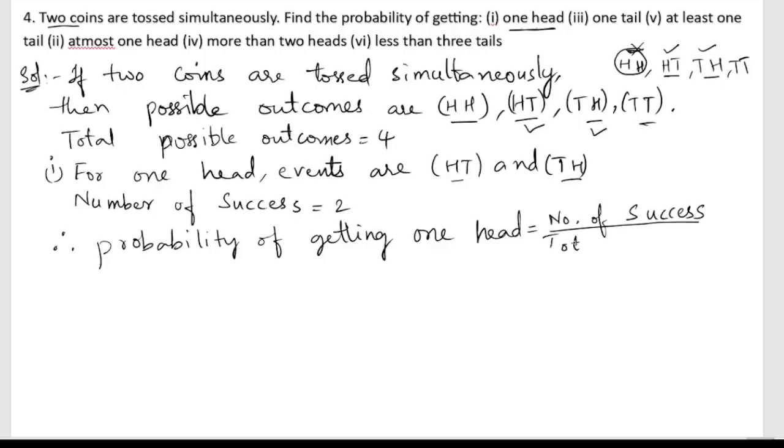The number of successes is 2, and the total number of outcomes is 4. So 2 ones are 2, 2 twos are 4. So we got 1 by 2. Next, let us do the second bit.